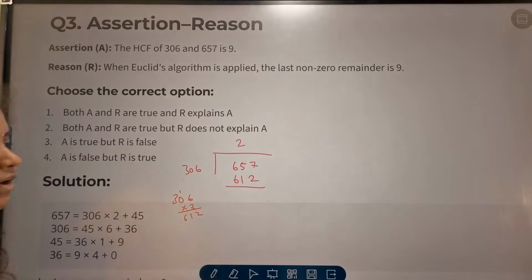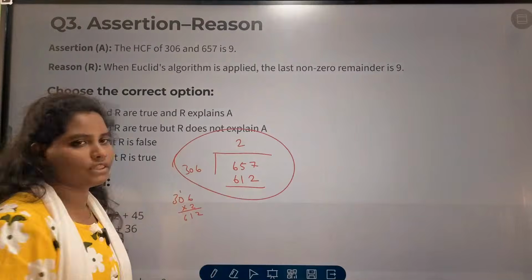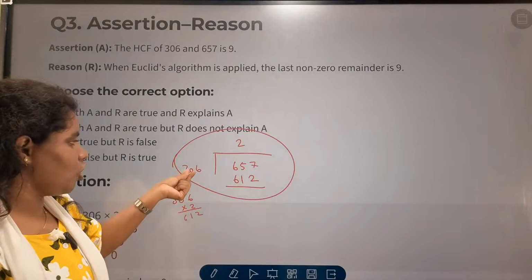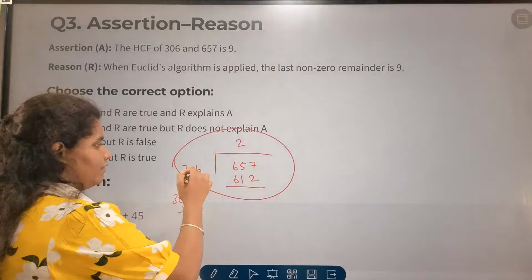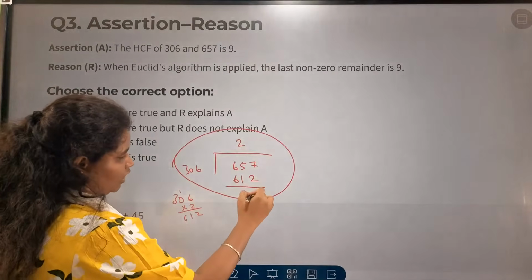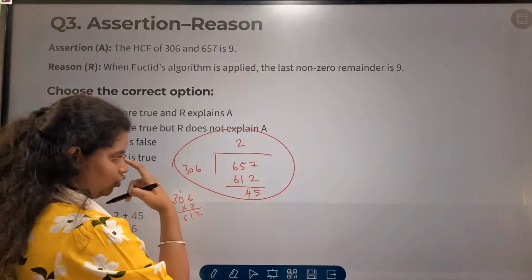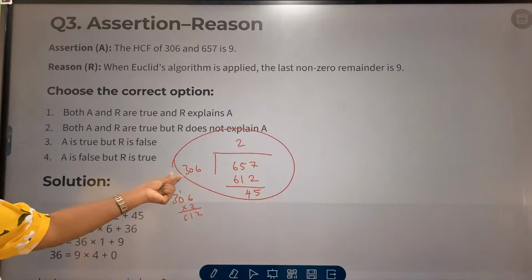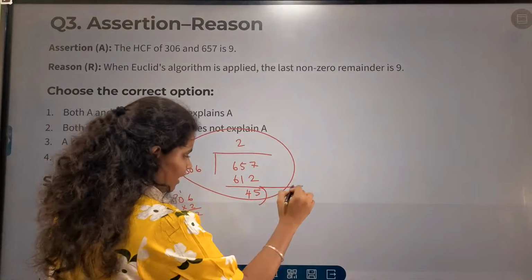Yes, Euclid's division algorithm means using the division method. See, here 306 and here we have 657. If I divide this, we'll get 2 times 612, and the remainder is 45. And again, I'm going to simplify.